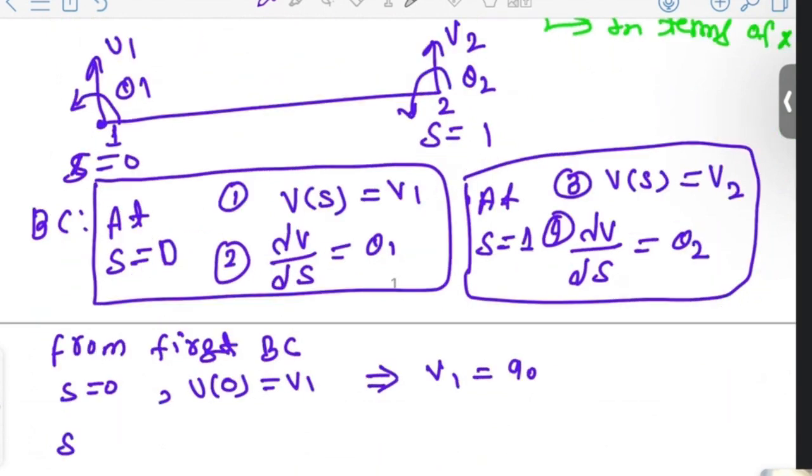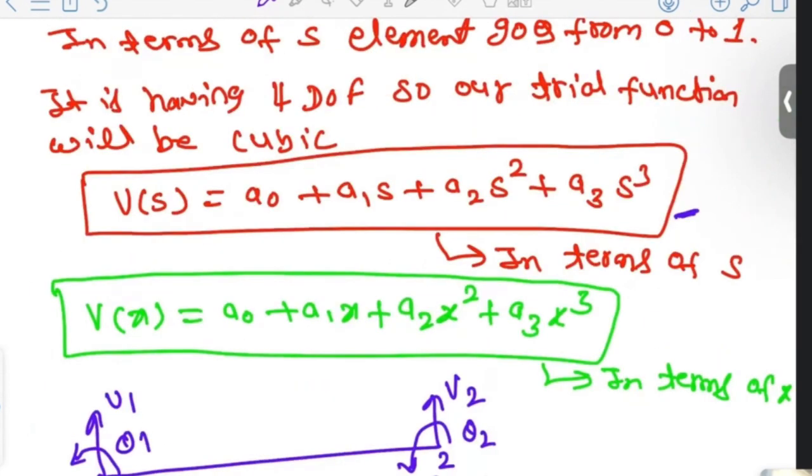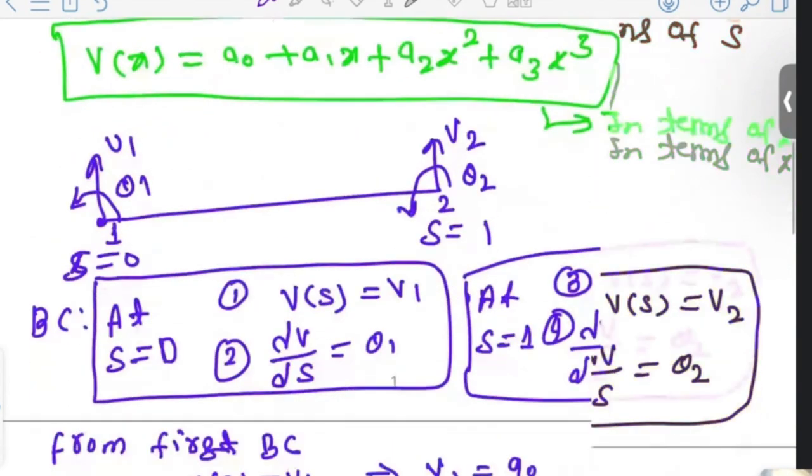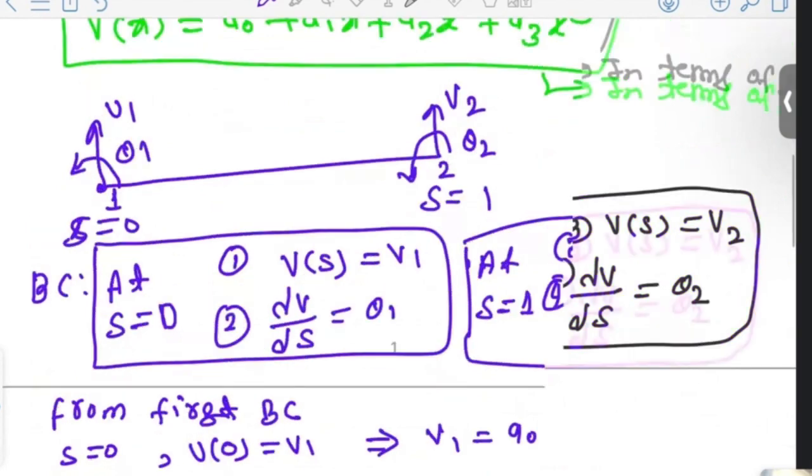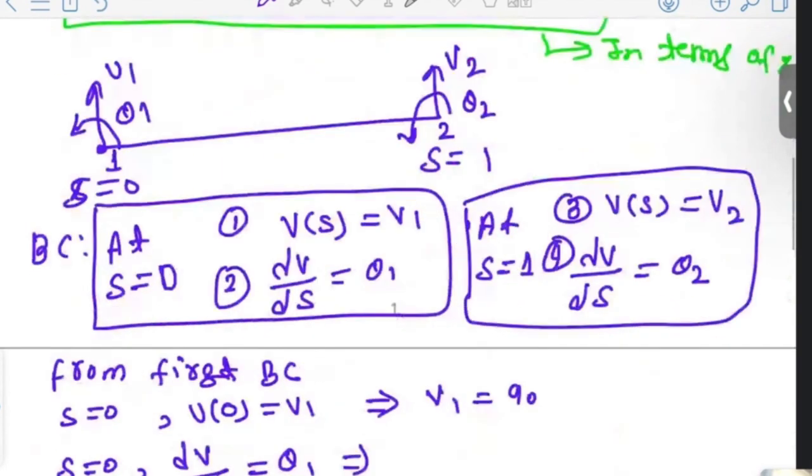Similarly, at s equal to 0, dV by ds will be theta 1. Differentiating, it is A1 plus 2A2 s plus 3A3 s square, so overall it will be A1 only. Then theta 1 equals A1. I'm just putting in those boundary conditions. Yes, you can say yes or no.